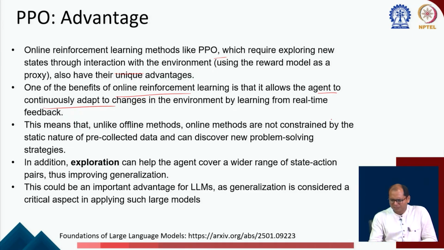You are not constrained by static pre-collected data, because you do new generations and get a reward on them, and that's how you are training it. You can discover new strategies. This is what is important: you can do exploration that is not possible in the previous DPO kind of scenario. So you can cover a wide range of pairs and you can improve generalization.